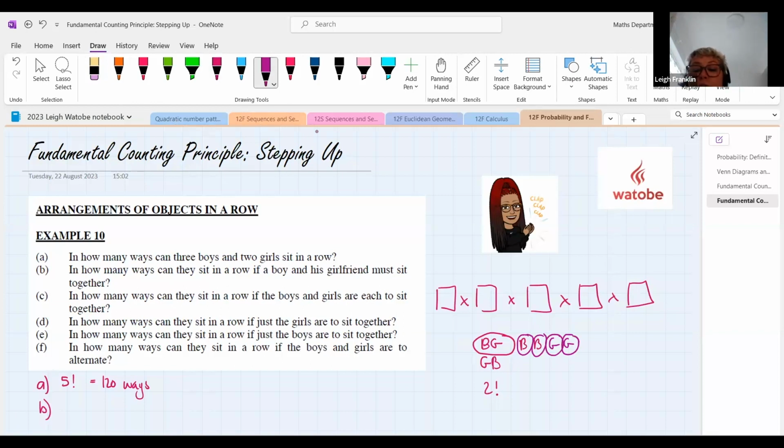So it would be 2 factorial by 5 factorial, because there are 5 factorial ways that the boy-girl combination can be arranged with everybody else. So this would be 2 factorial by 5 factorial. Does that make sense to everybody?